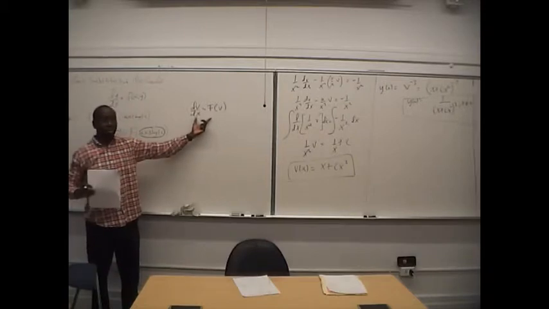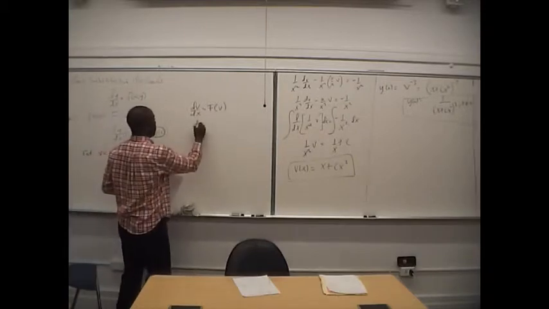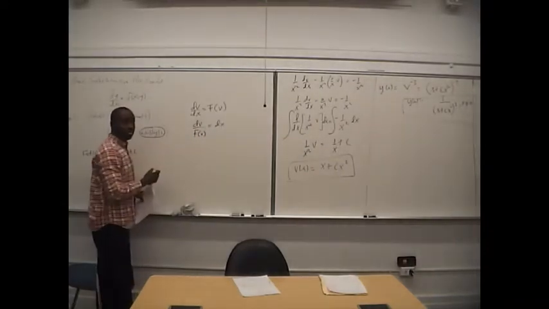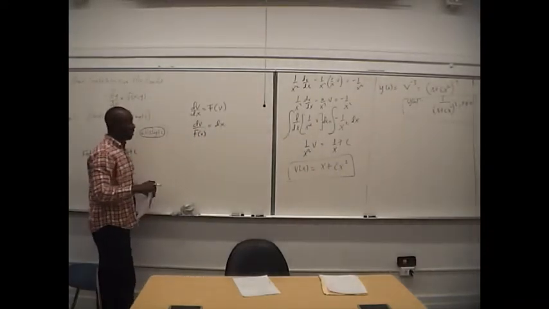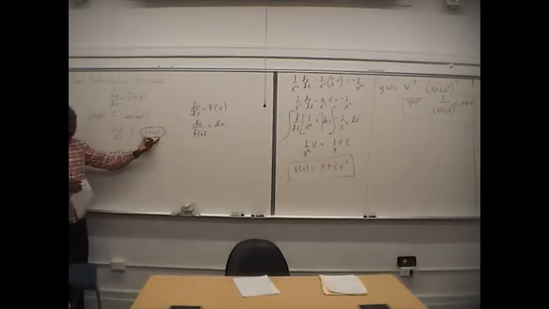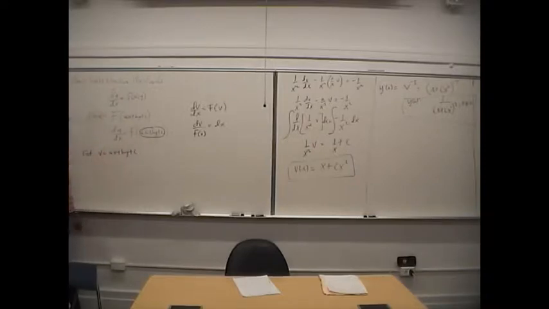Yes, separation of variables. You have dv over f of v equals dx. It's just separated, and then you can integrate both sides and solve. So that's the reason for making this change of variable. Because we would like to eliminate the x and y dependence of the function into just a single dependence. And of course, once we do that, we have to change the derivative as well.